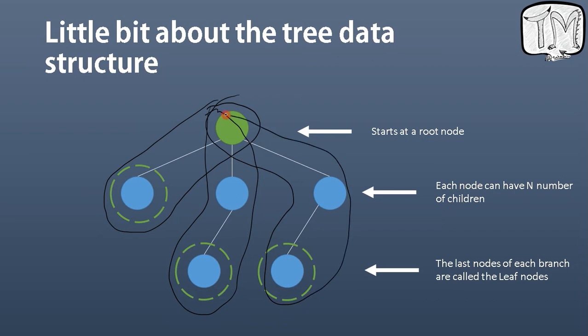Each branch ends with a node. These nodes, which are the end nodes of a particular branch, are called leaf nodes. So this is what we mean by a tree data structure.